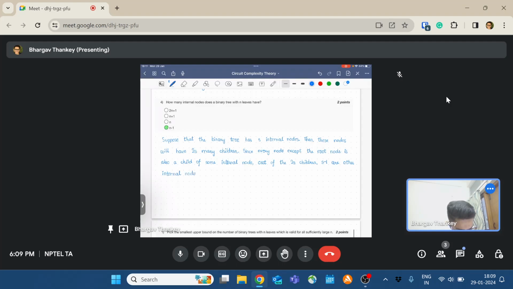This leaves us with S plus 1 additional children, which must be leaf nodes.